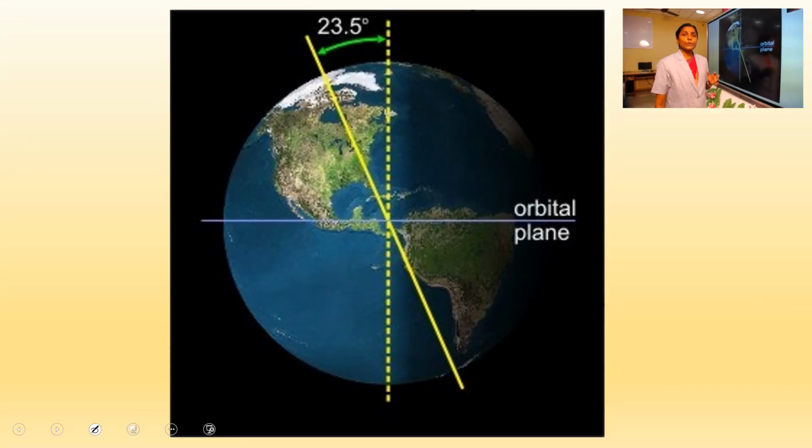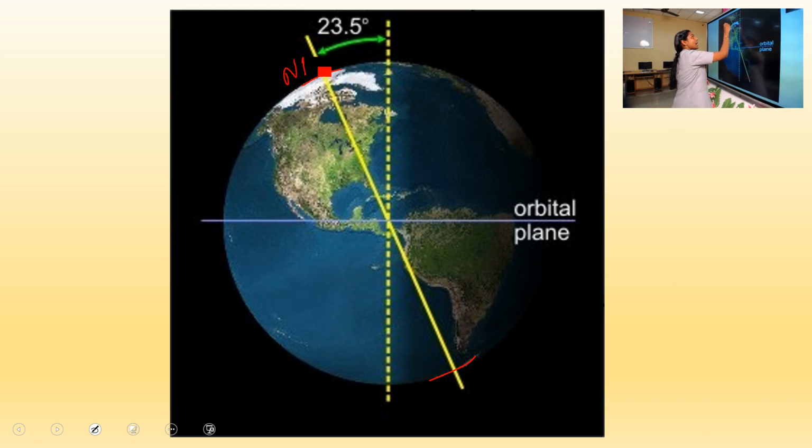Even in the first chapter, you have learned that earth has a tilt, and this tilt is based on the axis of the earth. So what is an axis? It is the imaginary line which connects the North Pole and the South Pole through the center of the earth.